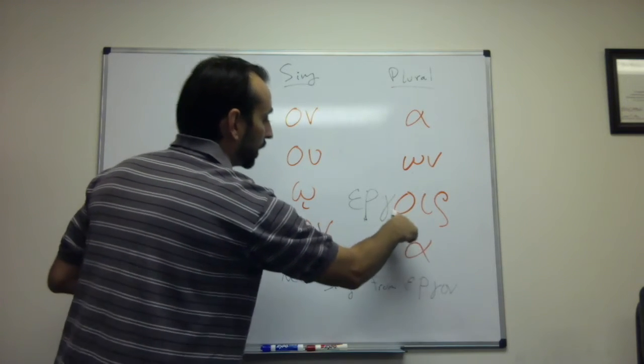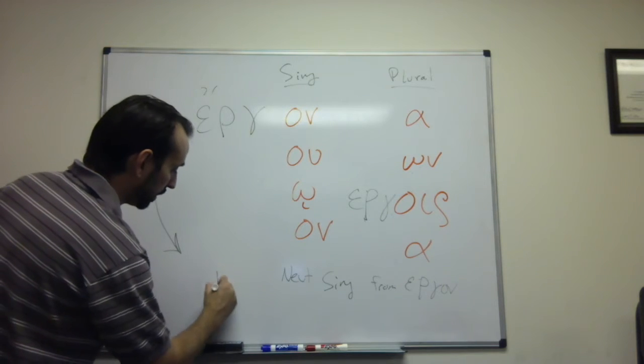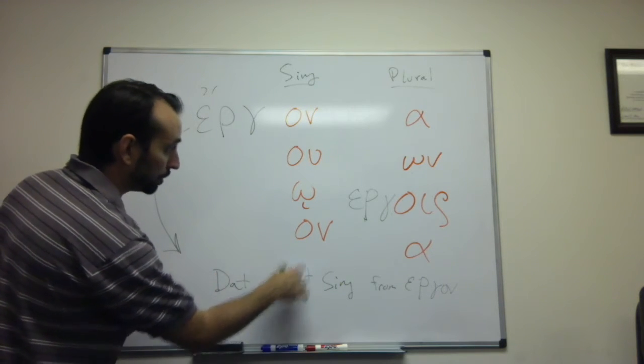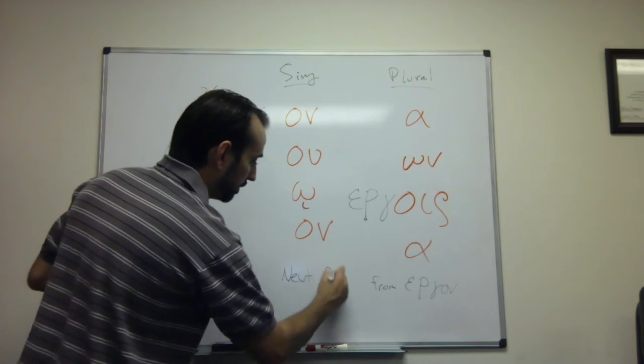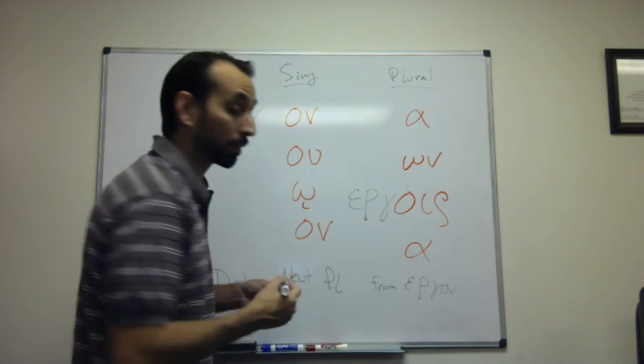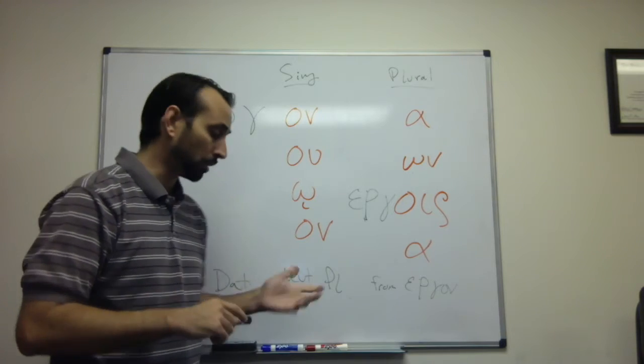I see that ois, and I know that is dative plural. So I'm going to say it's dative. I know it's neuter because it's a neuter ending. It's plural, and it's from ergon. Okay, so that's what locating or parsing is.